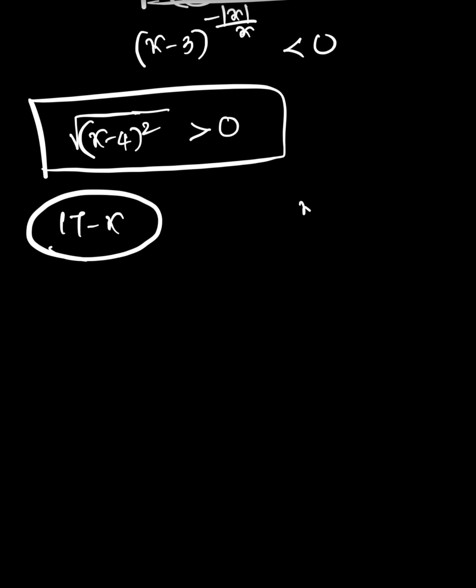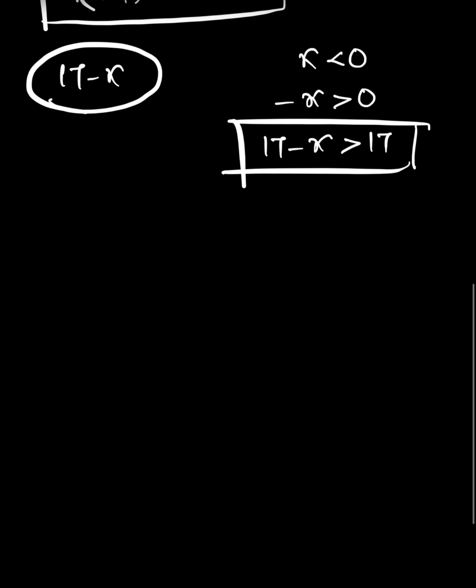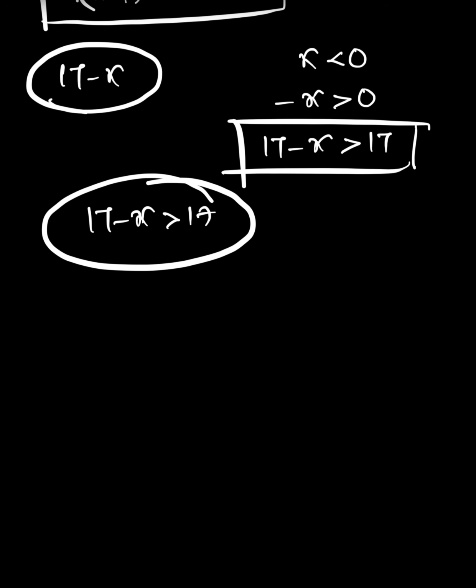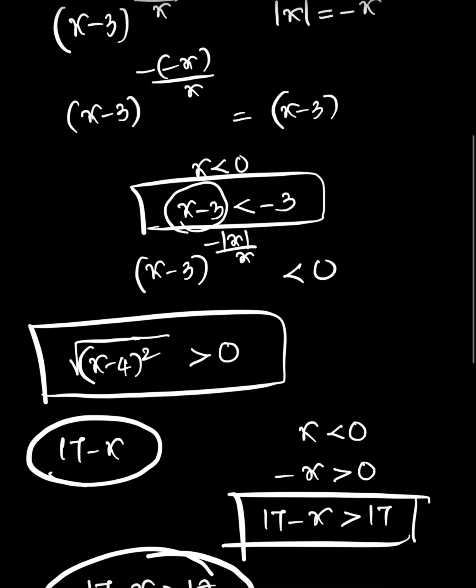Because x is less than 0, minus x is greater than 0. Adding 17, 17 minus x is greater than 17. So it is very clear that 17 minus x is positive.